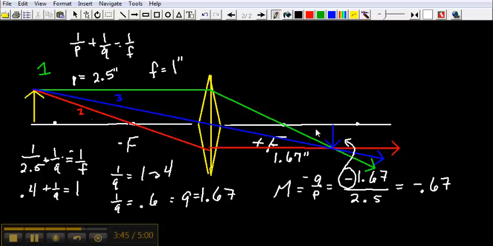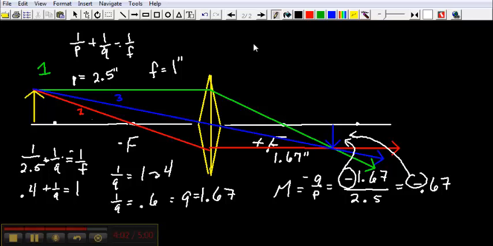Okay, that is what's telling us that this is an inverted object. The 0.67 itself, being smaller than 1, tells us that it's reduced in size.